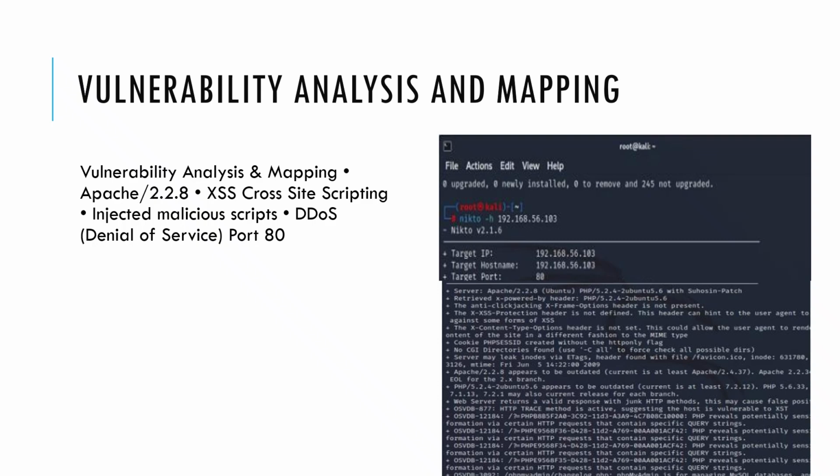Vulnerability analysis and mapping using Apache 2.2.8 and XSS, which is cross-site scripting, shows that an injected malicious script was used, and this was seen on port 80.